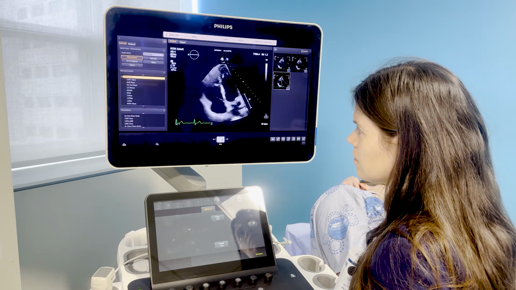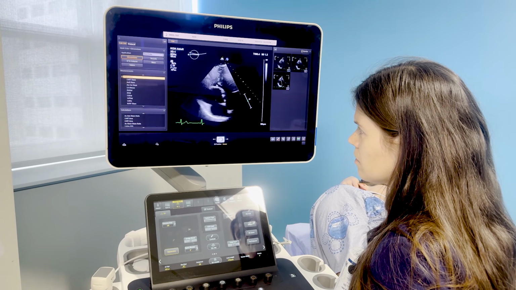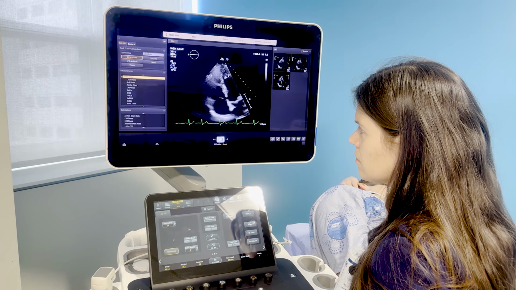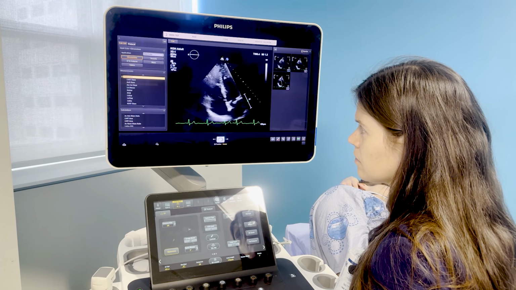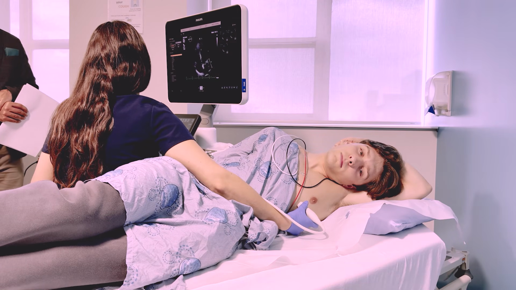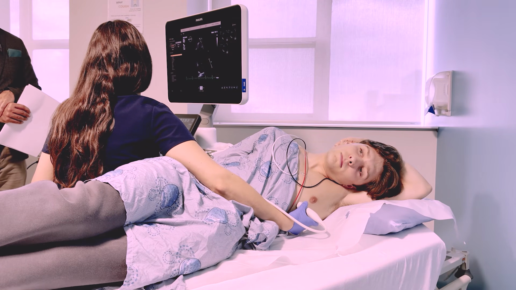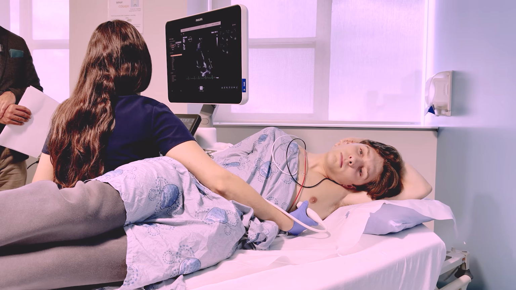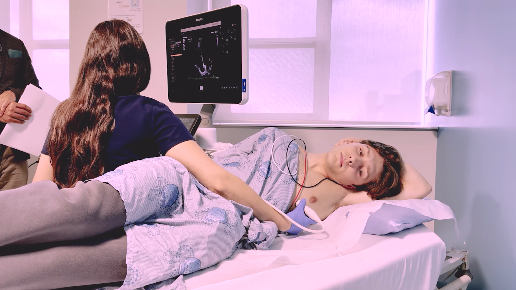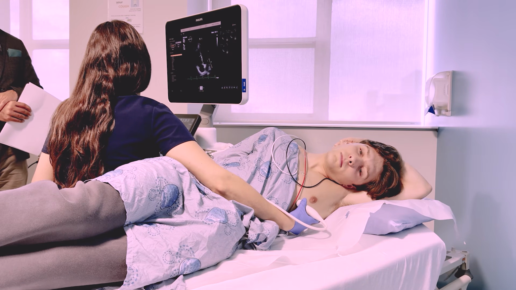So tell me a little bit about what you're doing with your probe and how you're tilting, and what are some tips and tricks and pitfalls? Yeah, so I have slid more lateral to get into more of an RV-focused view, and then to see the right atrium well, I'm angling kind of superiorly, just like this.